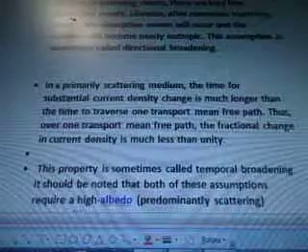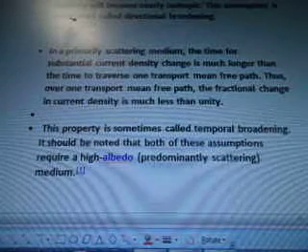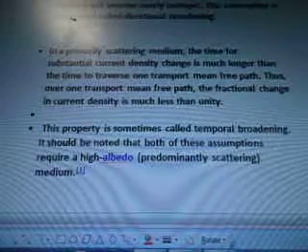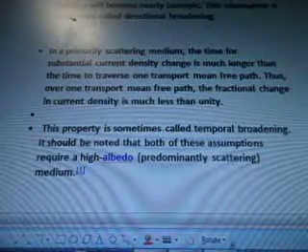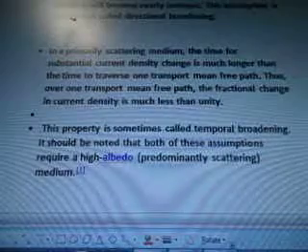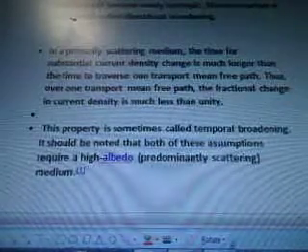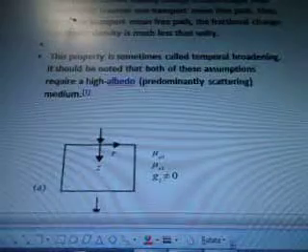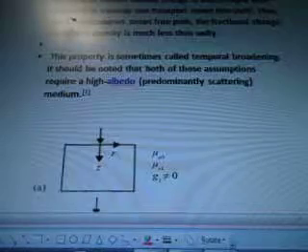In a primarily scattering medium, the time for substantial current density change is much longer than the time to traverse one transport mean free path. Thus, over one transport mean free path, the fractional change in current density is much less than unity. This property is sometimes called temporal broadening. It should be noted that both of these assumptions require a high albedo predominant scattering medium.